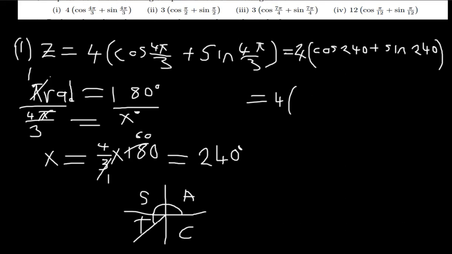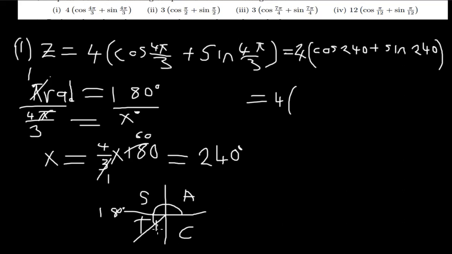So if 240 is in the third quadrant, you find this angle here. You just say 240 minus 180, because here we have 180 this side, then this is 0 and 360.